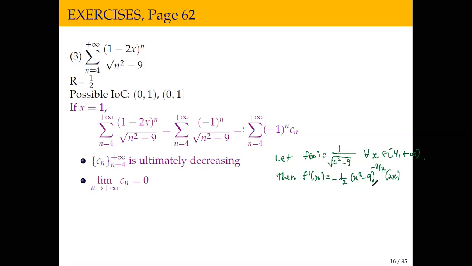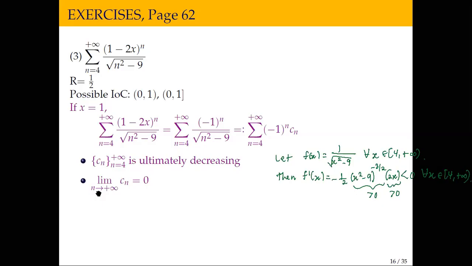X squared minus 9 raised to negative 3 halves is always positive for all x in this interval. So this is positive as well as 2x. Times negative 1 half, we have negative. So this is less than 0 for all x in this interval. Since that is the case, we say that this sequence is strictly decreasing. Since it is strictly decreasing, we can say that it is ultimately decreasing in return.